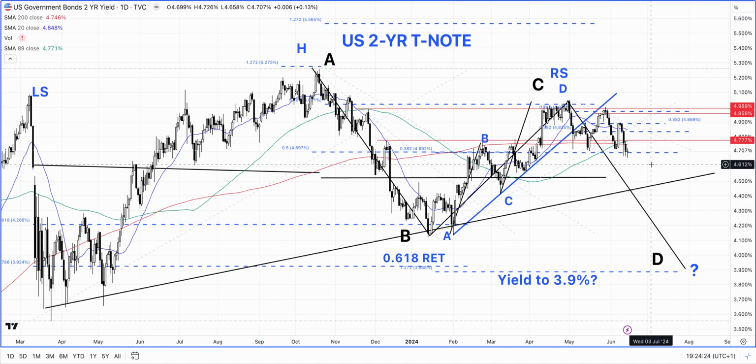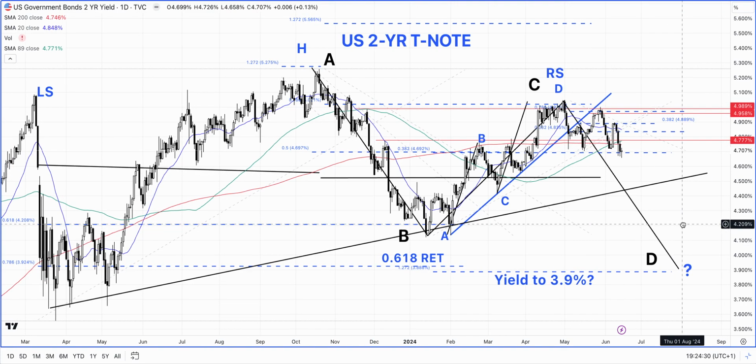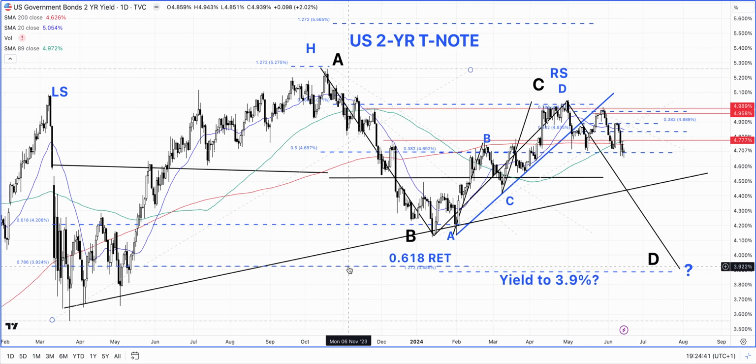Once we are able to make a clear breakout of it, then I think we'll get our clear answer that we'll start a quicker move where yields in the 2-year treasury note begin to move lower, and they could actually go as low as 3.9%, where we have this 78.6% retracement coming in. We have the 1.272 expansion of this BC swing of this bigger ABCD cycle.